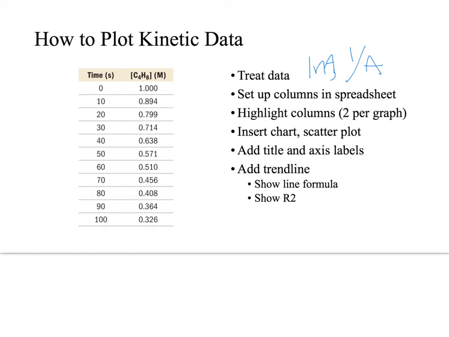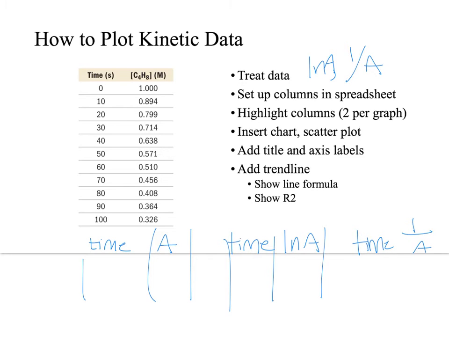Usually how I do this is I put in time for the first one and A, and then I copy the time column and put in ln A data, or you can put the formula in Excel as well if you know how to do that. And then I copy time again and put in the data for 1 over A, the reciprocal. And so I have 6 different columns usually when I set this up in a spreadsheet.